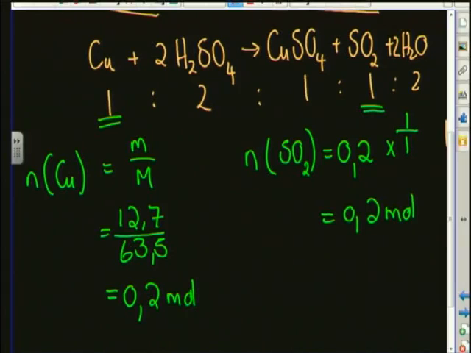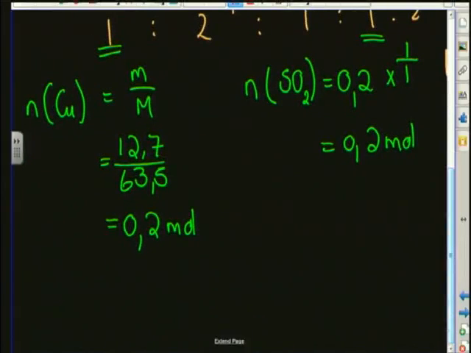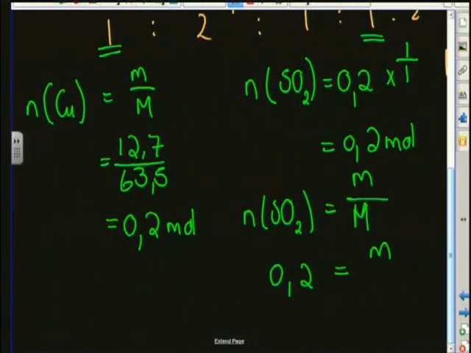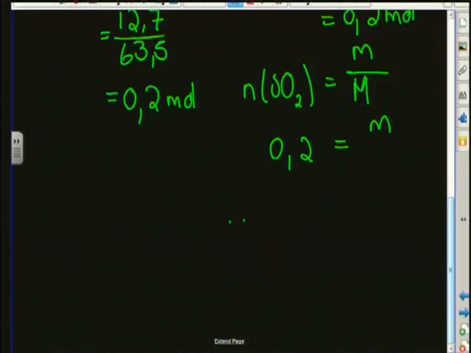But I'm not done. The question said, what is the mass of the sulfur dioxide? That means I need to calculate it. So, number of moles of sulfur dioxide would be equal to mass divided by molar mass. Okay? So, number of moles is 0.2. Mass is what I'm looking for. But it's sulfur dioxide.